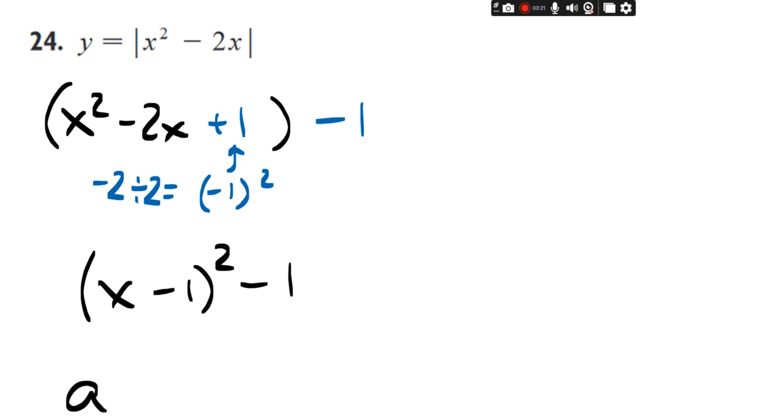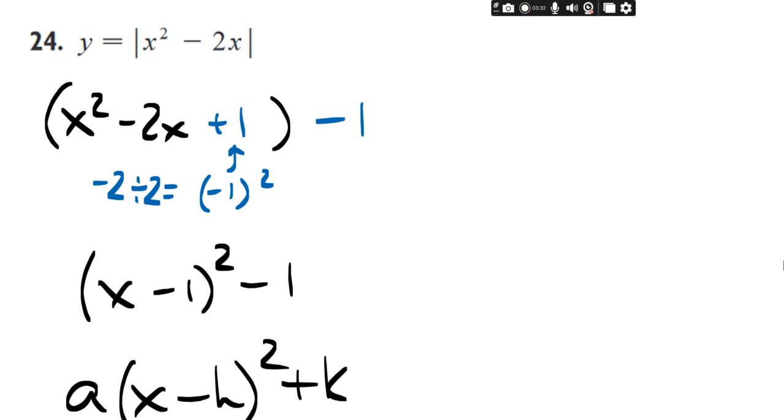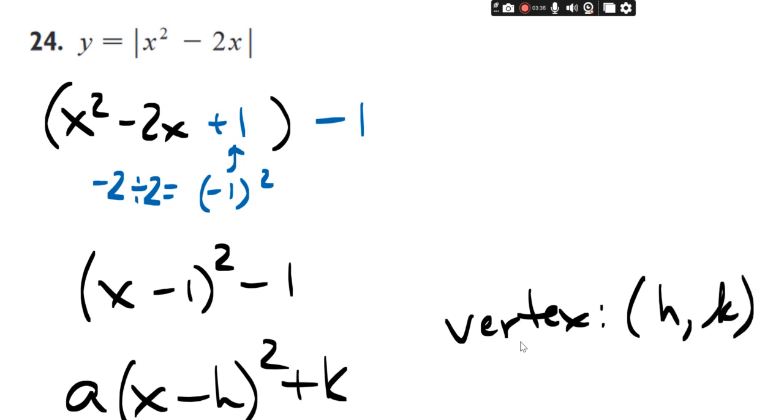Done. So what we have here, we're trying to make it look like this. That's the whole point here. This is the graph of a parabola. All right, and the vertex, once you get into this form, is (h, k). So let's graph this guy. The vertex is at (1, -1), right?